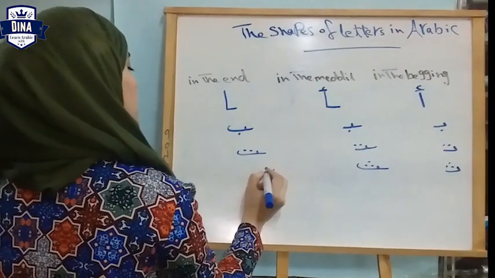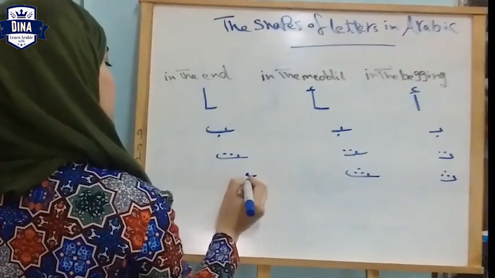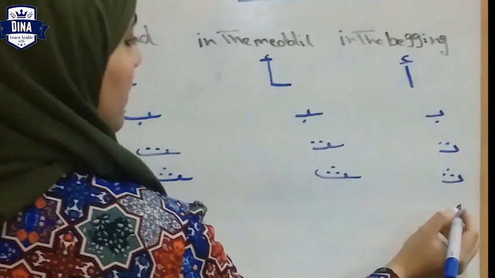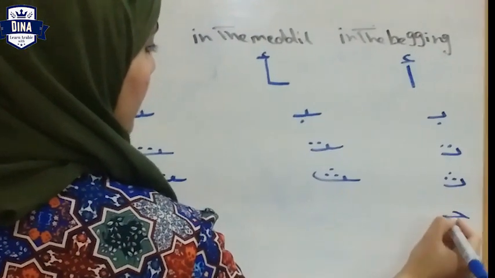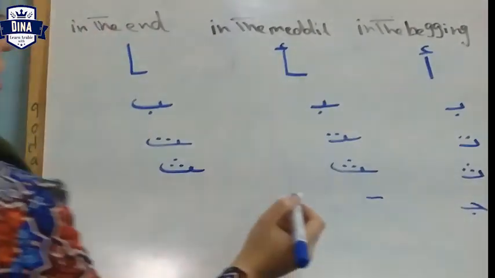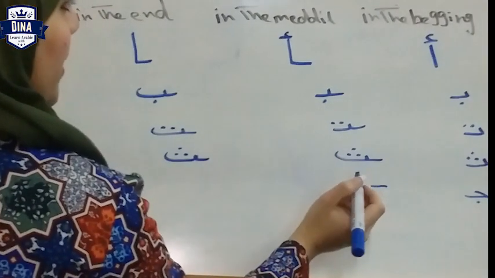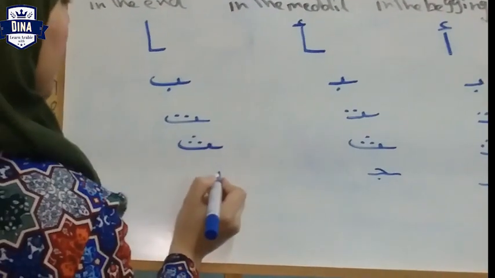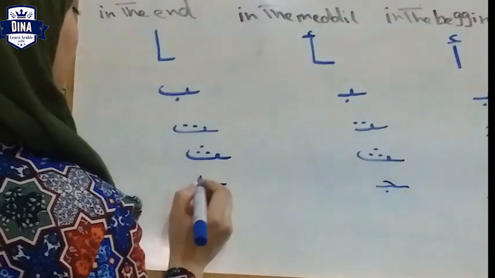It's the shape of that when it's coming in the end of words. After that, Jim in the beginning, and the second shape of Jim when it's coming in the middle, when it's coming in the end of words.